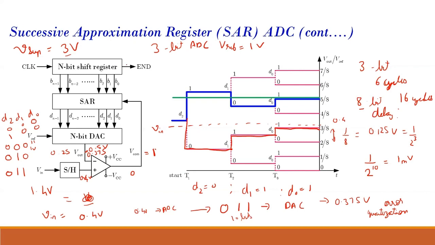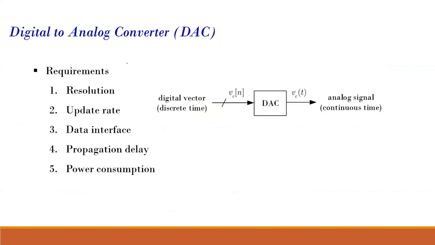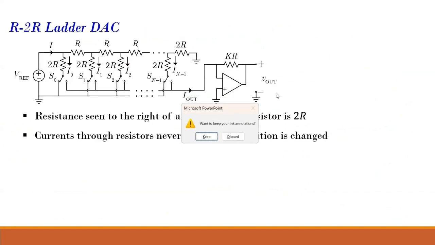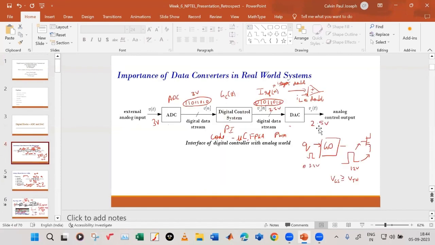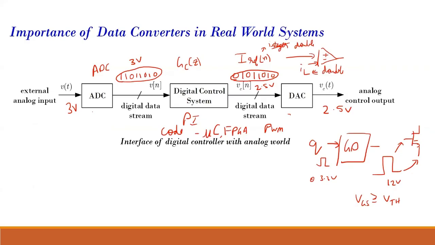Let us go back over here. This is my ADC, right? Suppose I have given it 0.44 volt. The 3-bit ADC converts it into 0, 1, 1, and then it passes through my DAC.